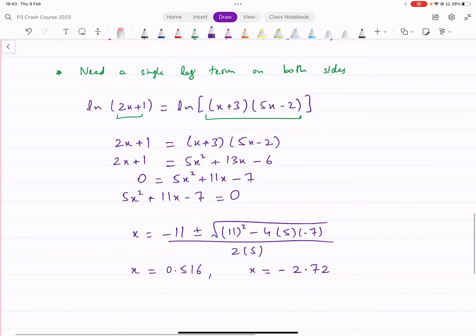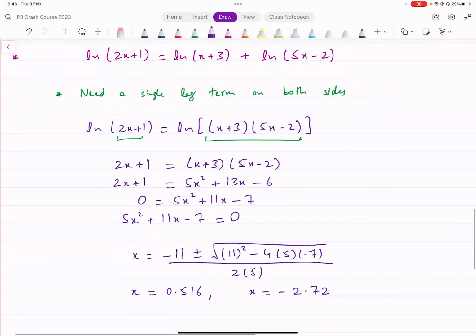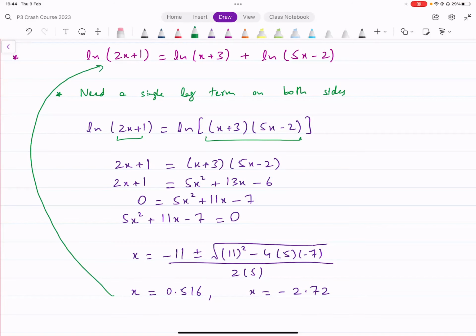All right. Now, when you are solving equations that have log in them, especially if the log is already there in the question, you have to be very careful with your final answers at the end, because it is sometimes possible that one of the values of x that you're getting gives you a negative value inside the log.